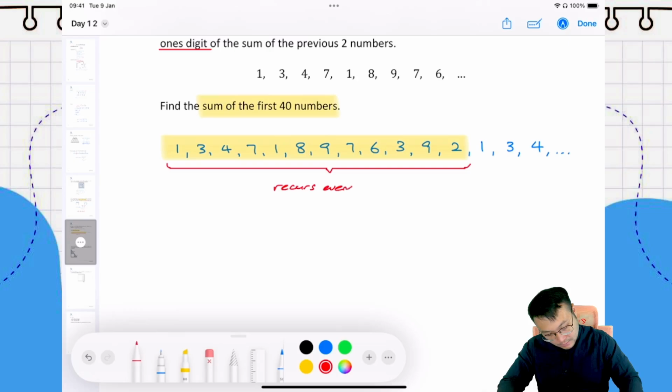It recurs every 12 numbers. Okay, or you can say that there's a repeating cycle of 12 numbers. So there's a repeating cycle of 12 numbers.